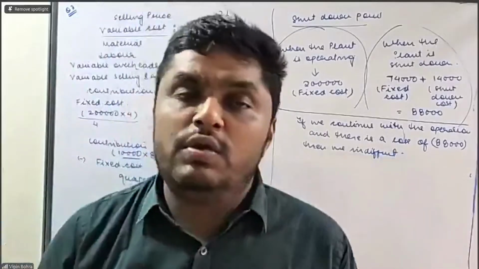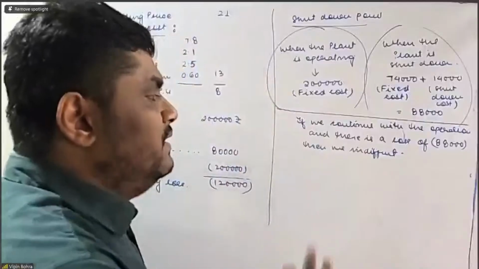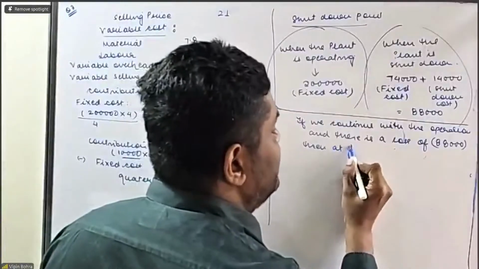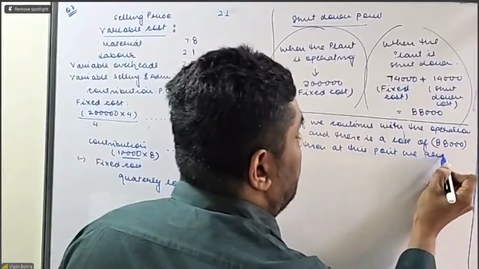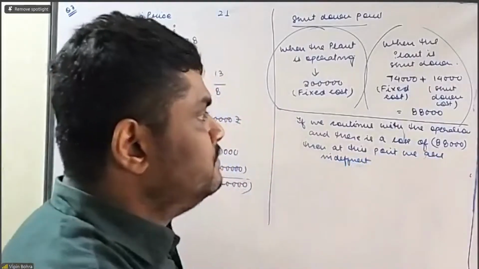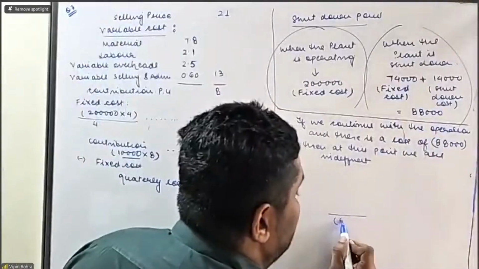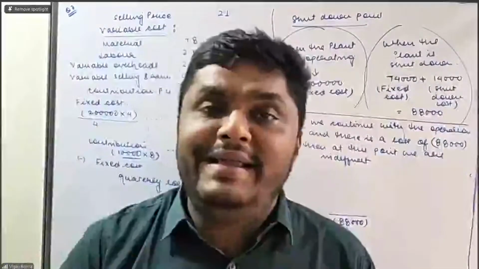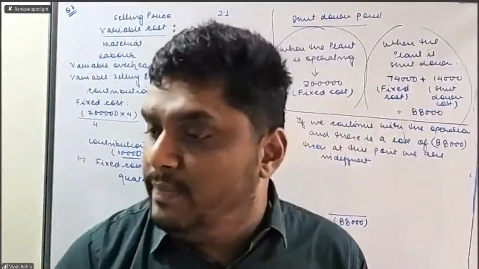If we continue with the plant and there is a loss of 88,000 rupees, then at this point we are indifferent. So 88,000 is my desired loss. If we continue and still have a loss of 88,000, it means we are indifferent. Continue or shut down, it makes no difference.